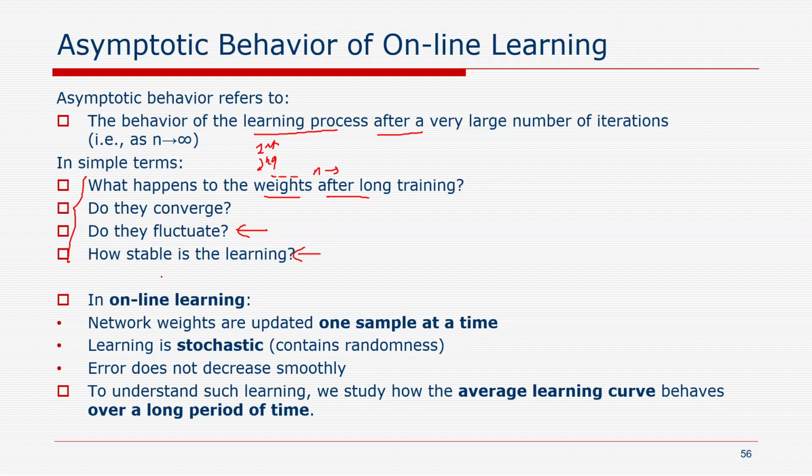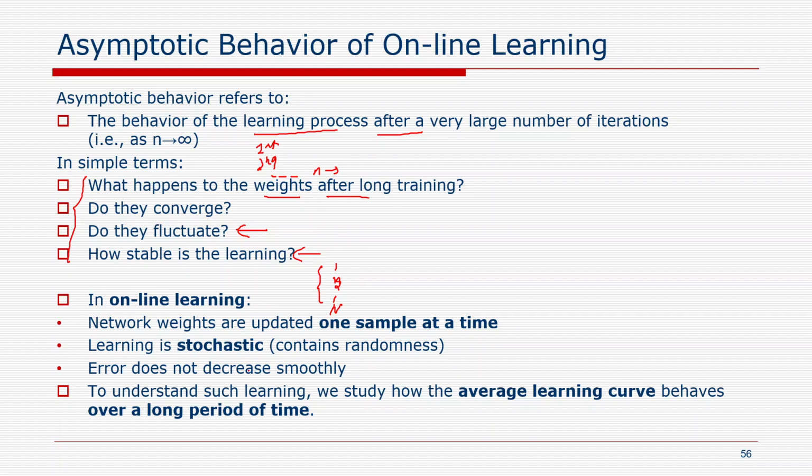In online learning, the network weights are updated one sample at a time. We have seen the difference between batch learning and online learning. The learning is stochastic, with randomness, because we are getting one sample at a time, or sometimes from a given set of n examples, 1 to n, we may draw randomly one at a time and keep updating the weights.